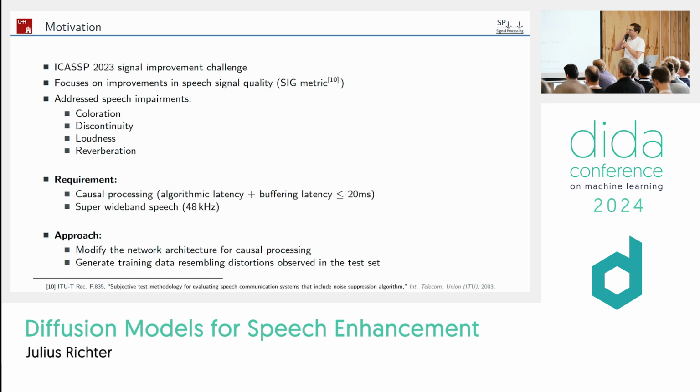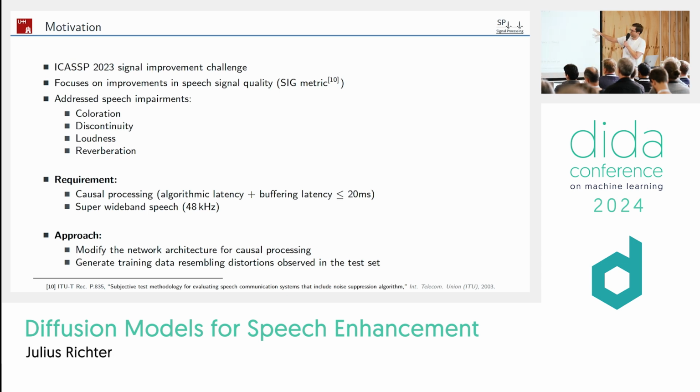And our main motivation back last year was the Signal Improvement Challenge from Microsoft. This challenge focused on improvements in the speech signal quality. You can measure this with the signal metric, which is, you see, a standardized recommendation again.